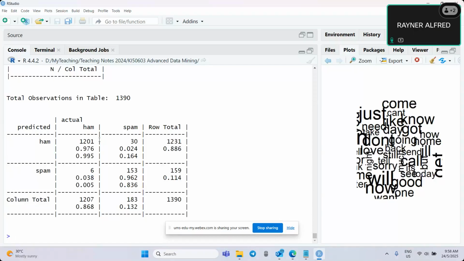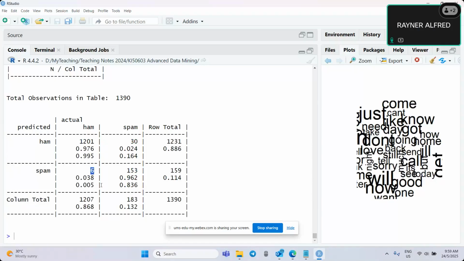Okay, so for ham and ham, that is good. But we have misclassification for this because the actual label is spam but considered as ham, and also this one.